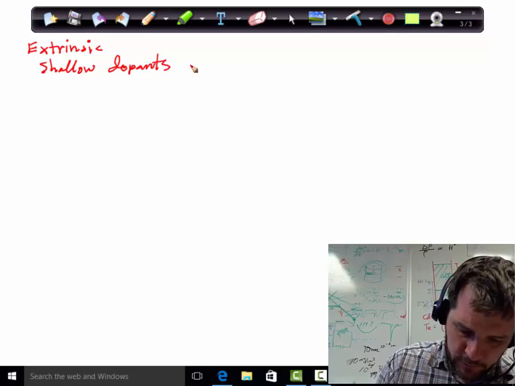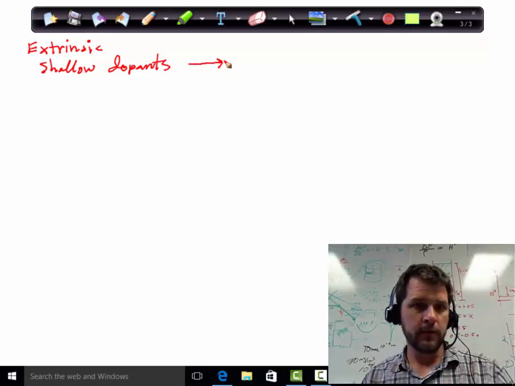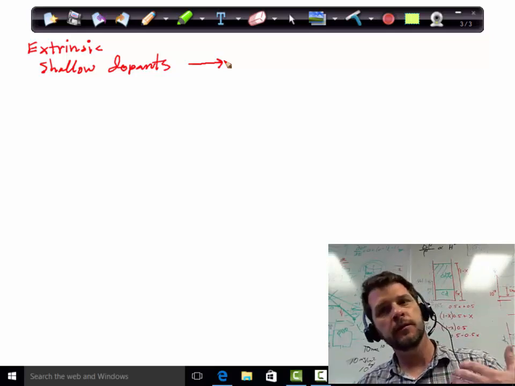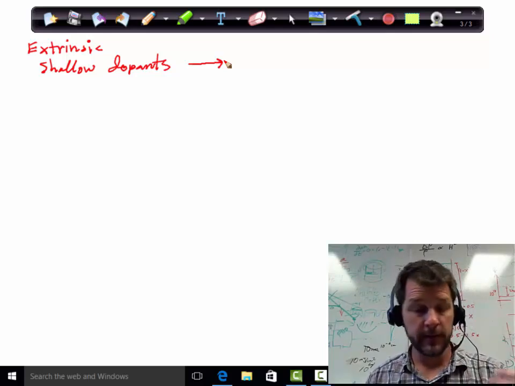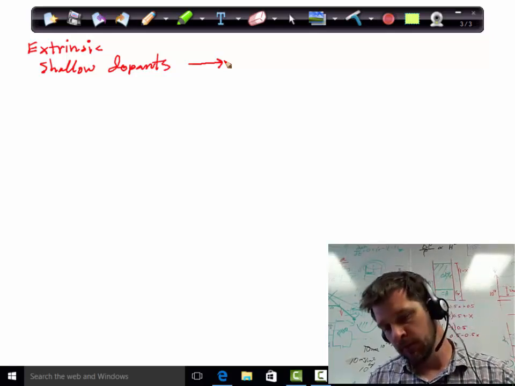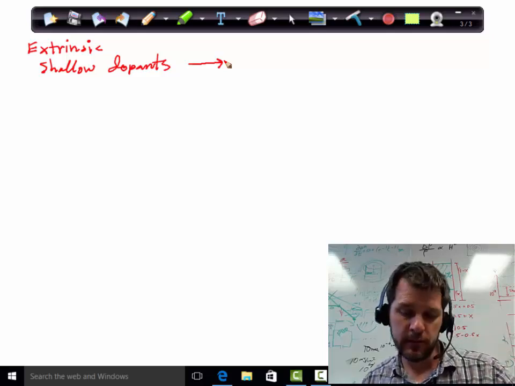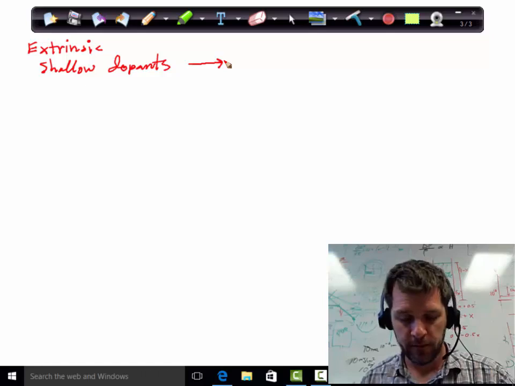So for shallow dopants at normal temperatures, like 300 Kelvin, which is room temperature, and usually most devices operate at slightly elevated temperature. Although if you are ever working on, let's say, space missions where the satellite might actually be very cold, approaching absolute zero even, then you have to think a little harder about these assumptions.